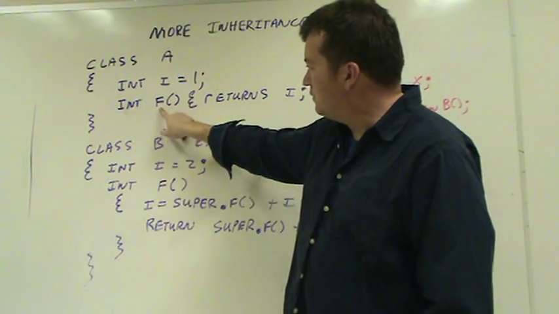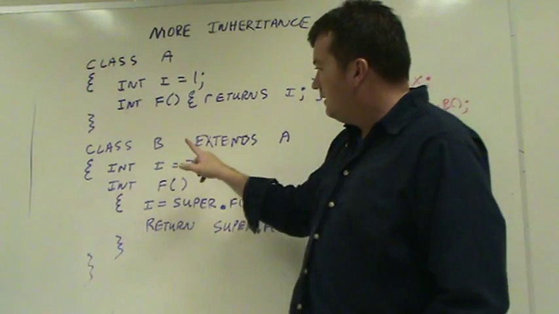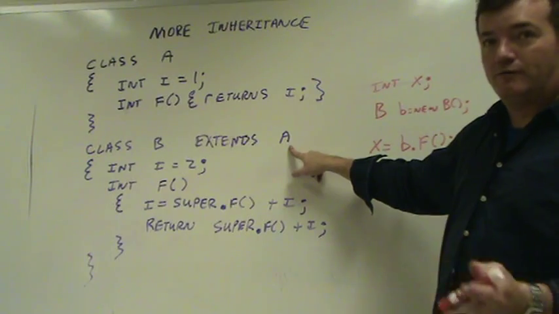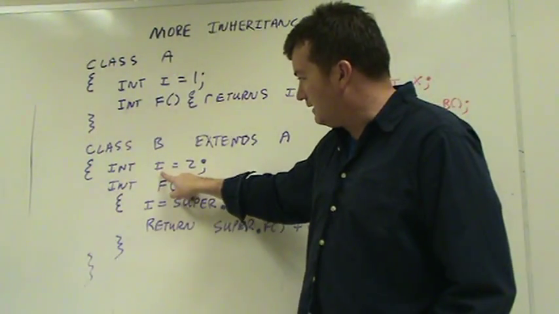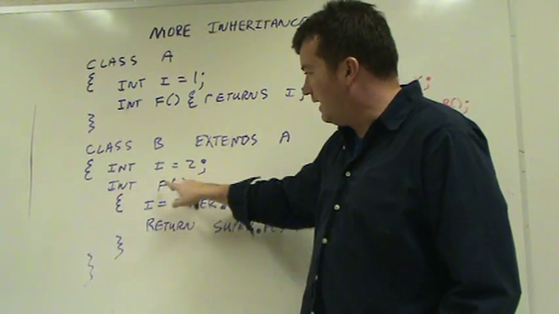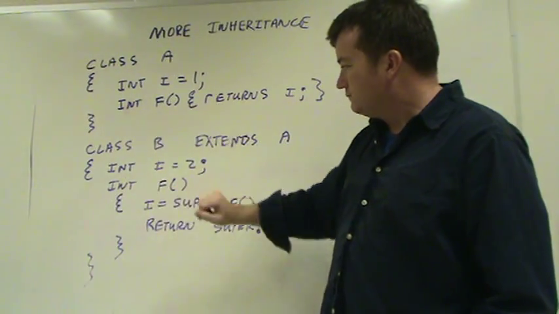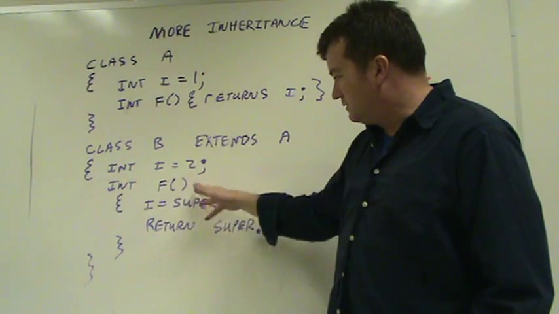And it has a function called f, which returns I. Class B gets everything A has to offer for free. And then in addition to that, it has a field called I, which we set to 2. And in addition to all the functions we got from A, we have another function called f, which does this stuff.